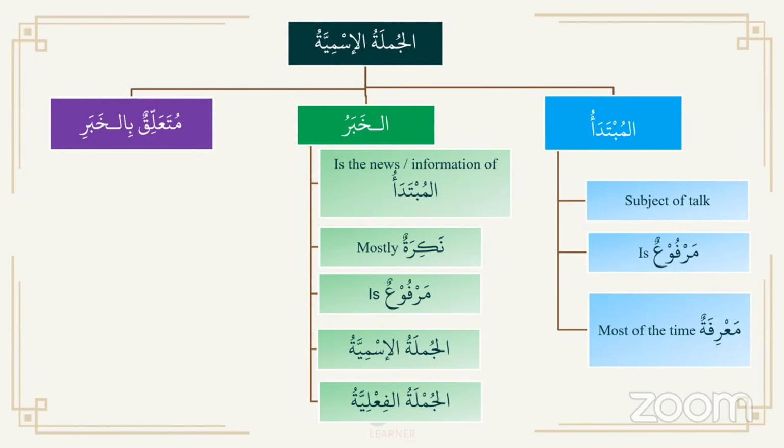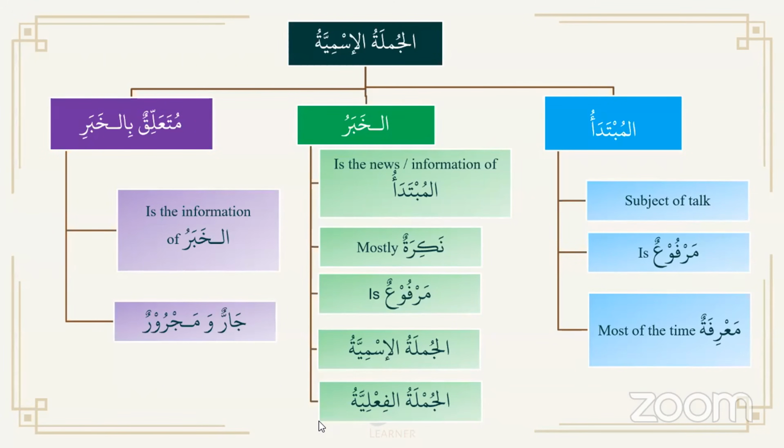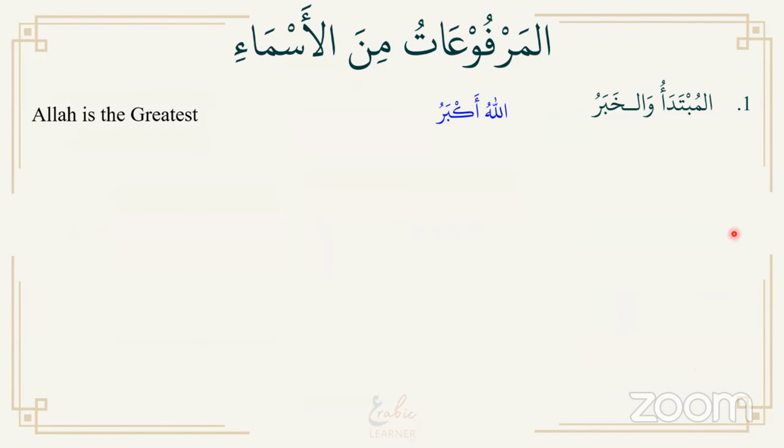And what is mutalik bil khabar? It is also actually something like khabar, but you call it as mutalik bil khabar. It is extra information of khabar, and it could be jarun majrurun, or it could be zarf also. Now this is what you know about jumla ismiya. Okay, so what is important to know is that both the parts of jumla ismiya, they are marfu'. So this is in the category of marfu'at. Allahu Akbaru is the example. So you know this already. What is the second category that you have done?